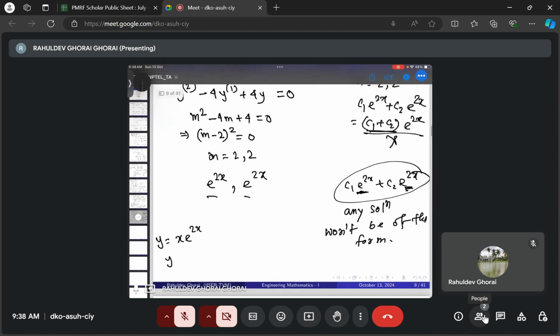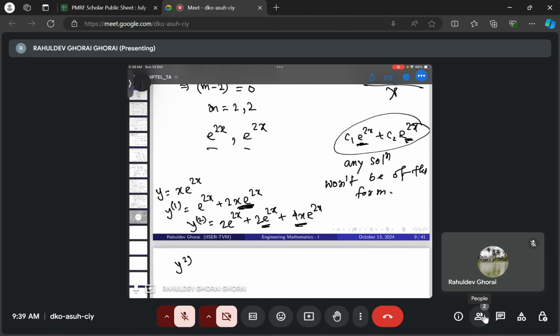Then the first derivative of y will be e to the power 2x plus 2x e to the power 2x, right? Y2 will be 2 e to the power 2x plus 2 e to the power 2x, that is 4 e to the power 2x plus 4x e to the power 2x, right?